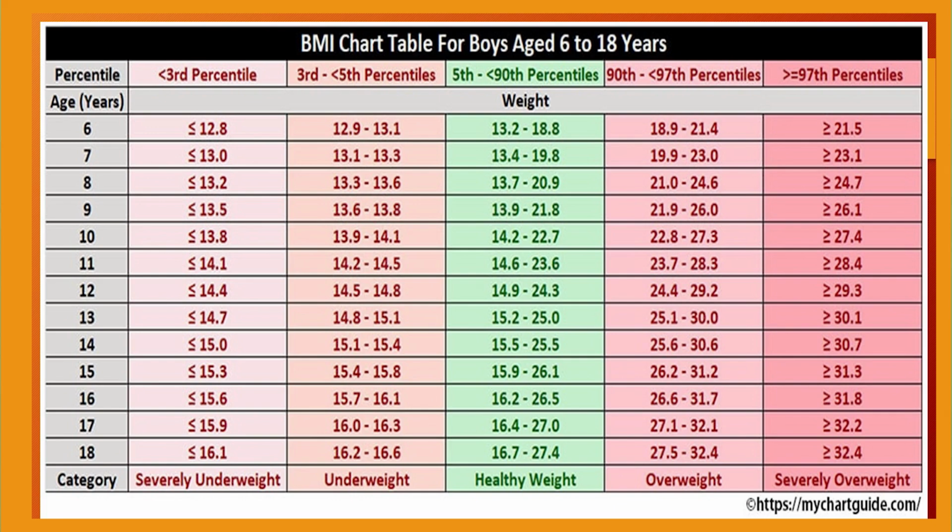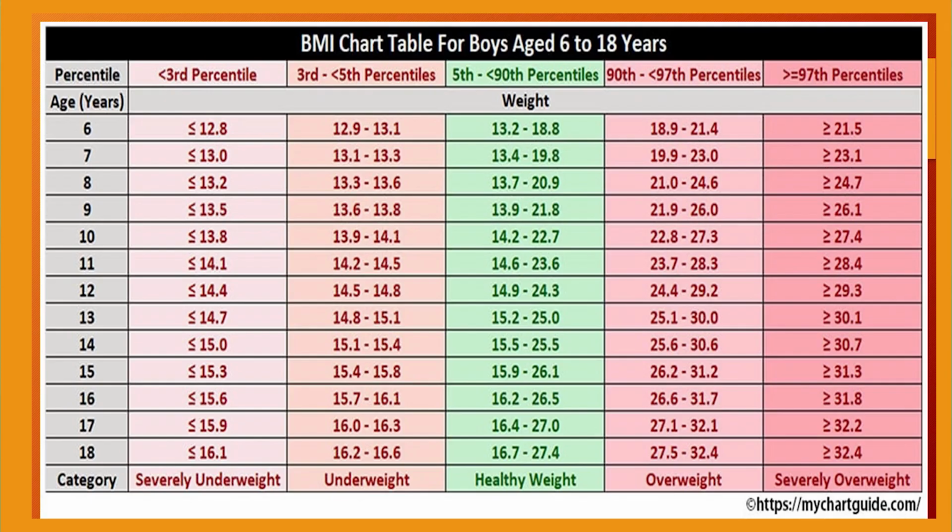So, you compare one person with another person, or one child with another child, or one adolescent with another adolescent. So, let us consider one particular adolescent of about 12 years.